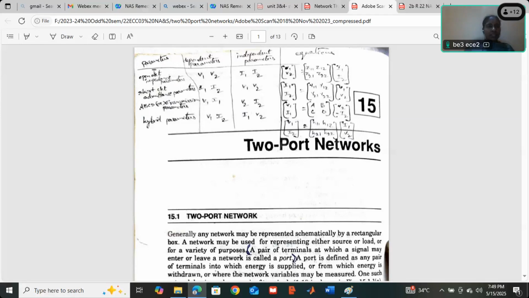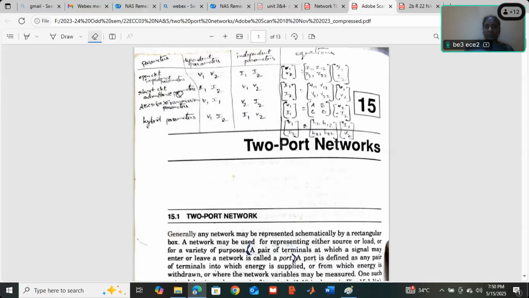In the two-port network, there are four different parameters. First one is impedance parameter. Second one is admittance parameter. Third one is transmission parameter. Fourth one is hybrid parameter. Another name for impedance parameter is open circuit parameters.